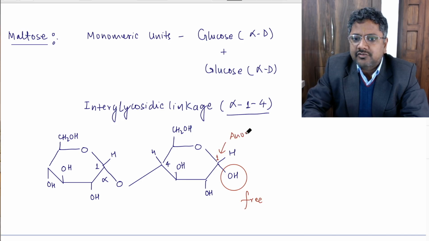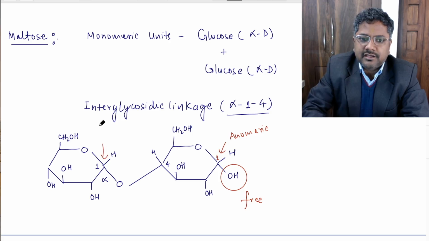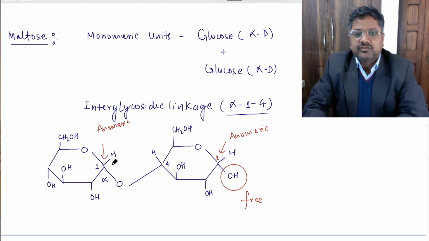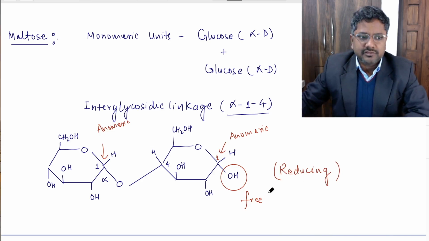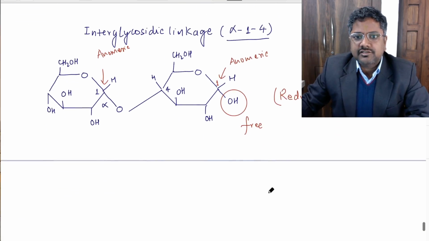This is anomeric, and this is anomeric here. So this anomeric carbon OH is blocked, but this anomeric carbon OH is free. So this is reducing. So maltose is a reducing sugar, right?